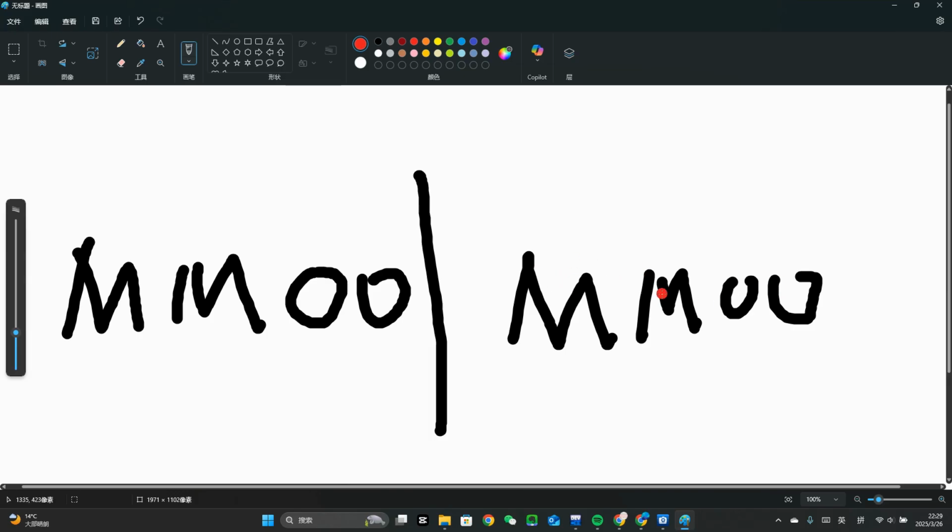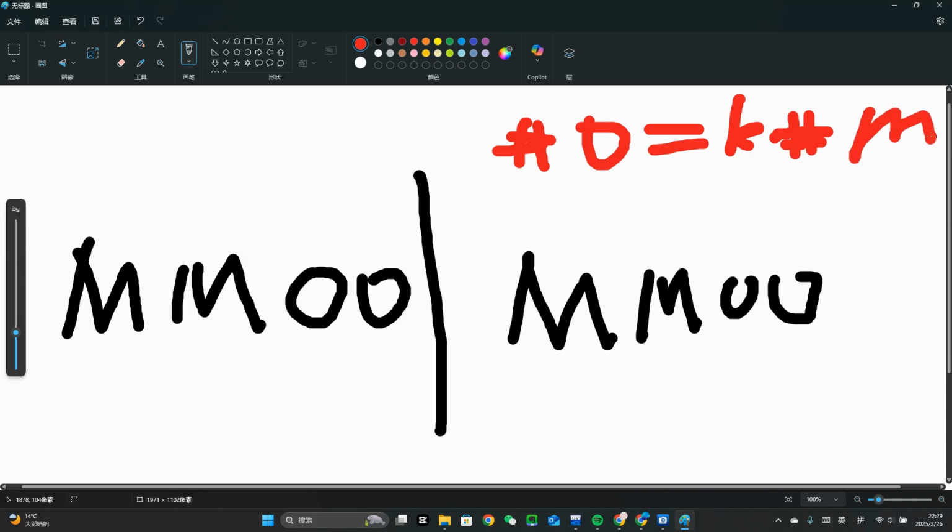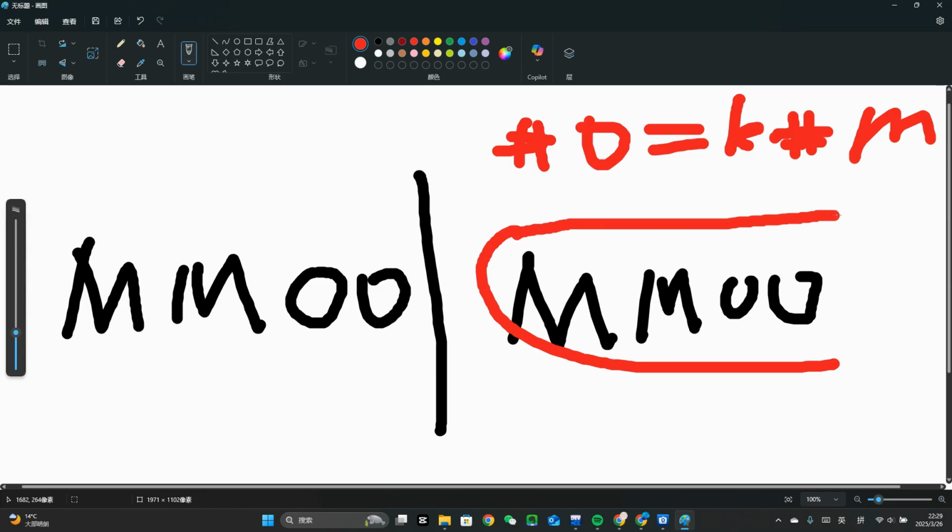All the M must be matched with all the O in each copy, because the number of O must be K times the number of M in order for there to be at least one valid decomposition. Which means that once we get done with, say there's a bunch of other copies over there, once we get done with all of them, there must be no O left and no M left, because they must pair exactly.